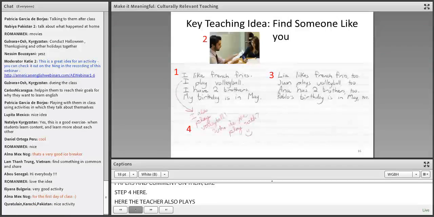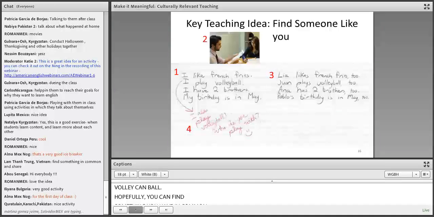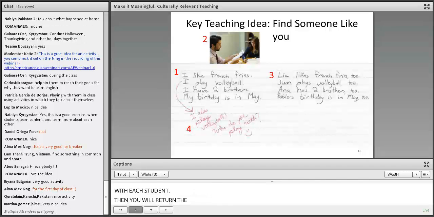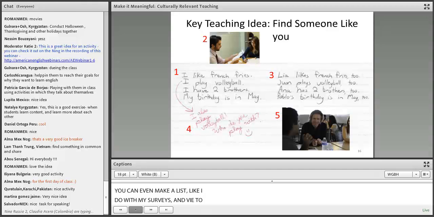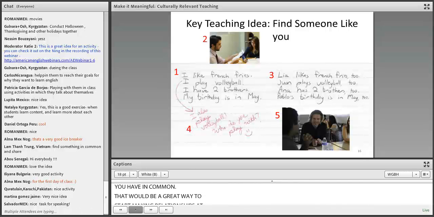Hopefully you can find something you have in common with each student. Then you'll return the papers to students so they can see what they have in common with their teacher. You could even make a list, like I do with my surveys, and try to talk to every student about what you have in common. That would be a great way to start making relationships at the beginning of the semester or school year.